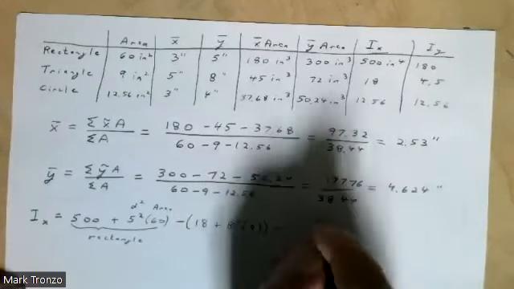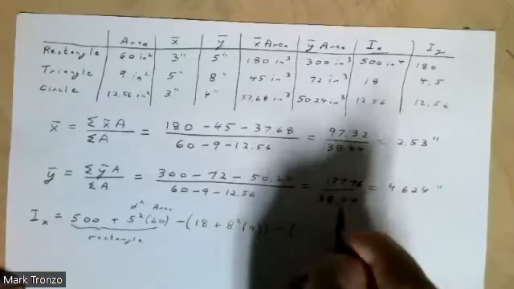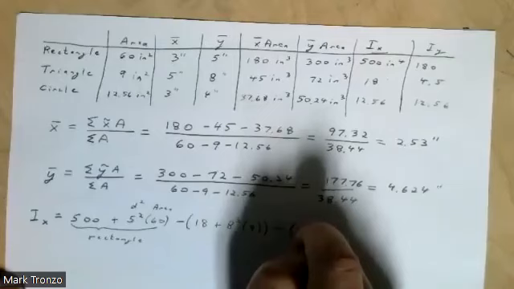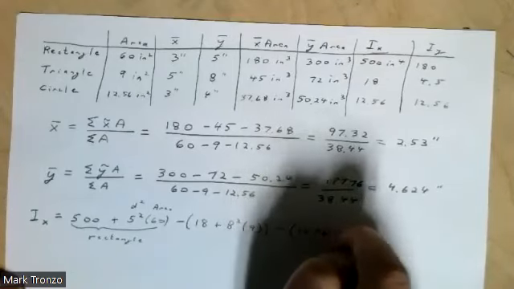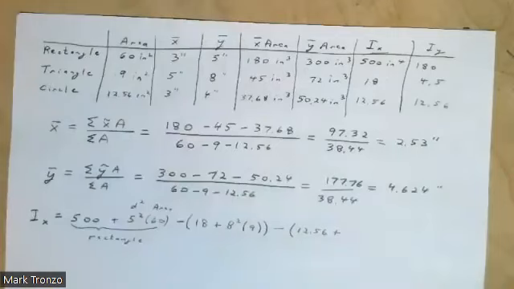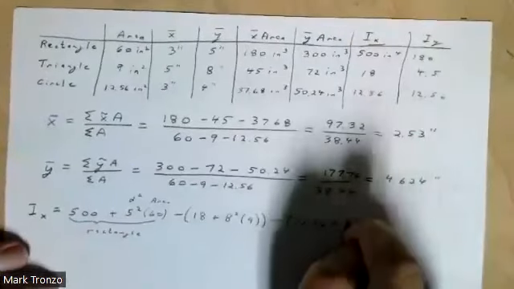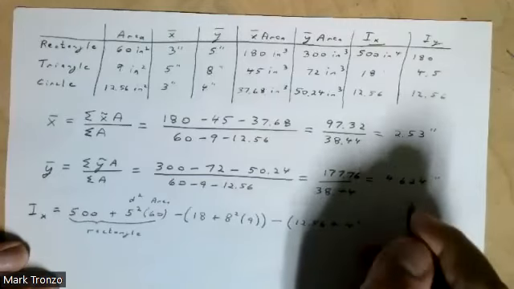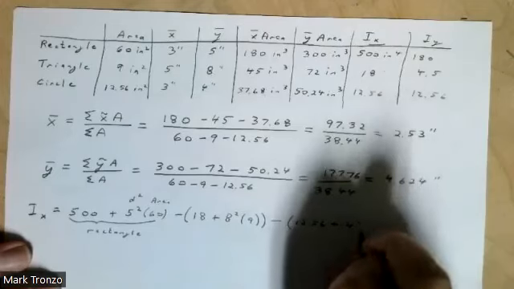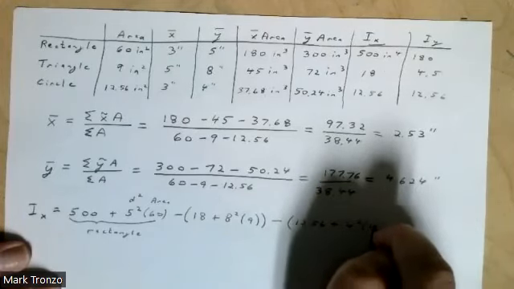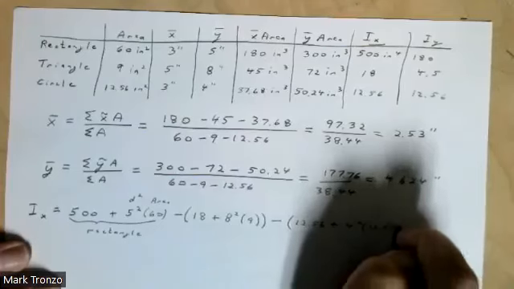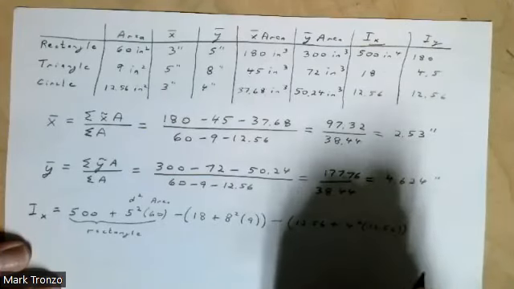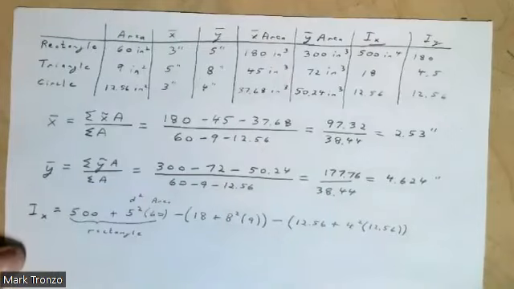Finally, for the circle, we have our 12.56 plus the distance of the circle from the x-axis, that's going to be 4 inches, times the area of the circle, like that.